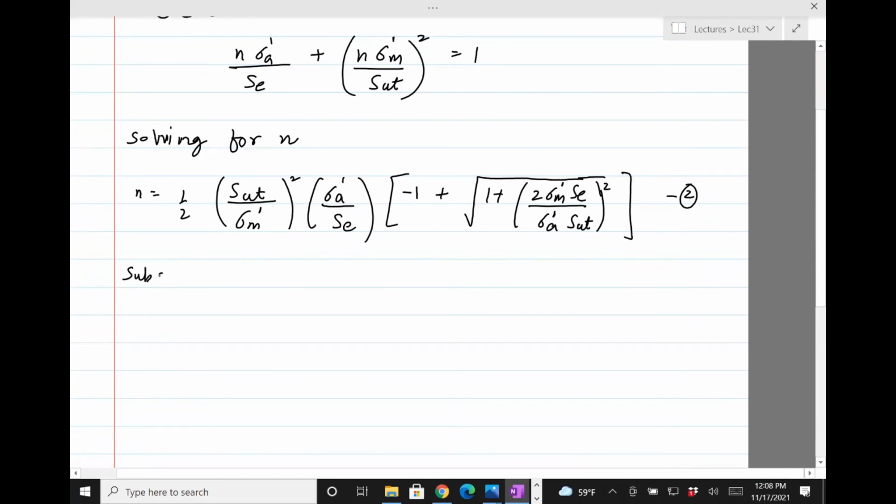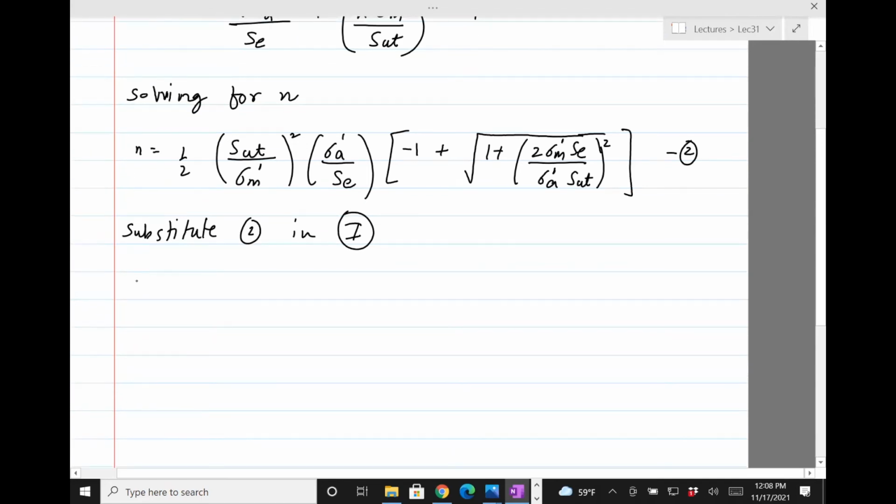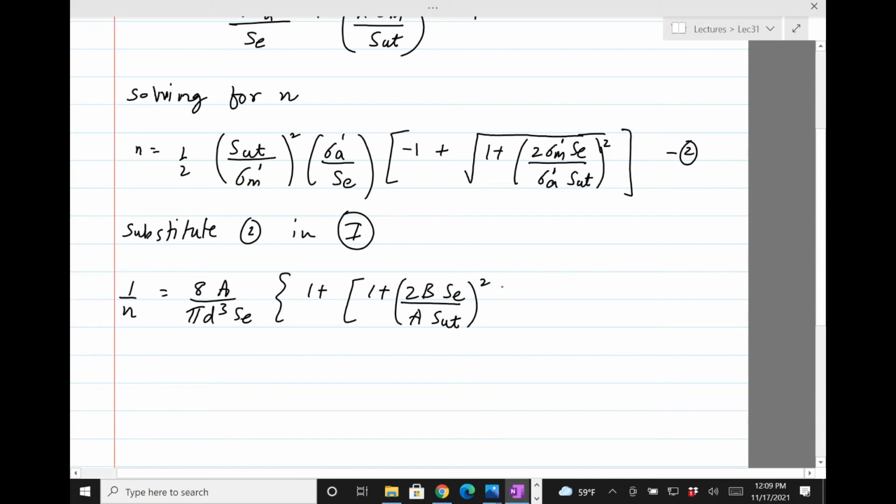So let me substitute 2, which is the equation above, in Roman 1, and we have 1 divided by n equals 8 times, okay, there's an a and there's a b here, which I'll define shortly, pi d cubed Se, 1 plus 2b Se divided by a times Sut, and this needs to be squared.